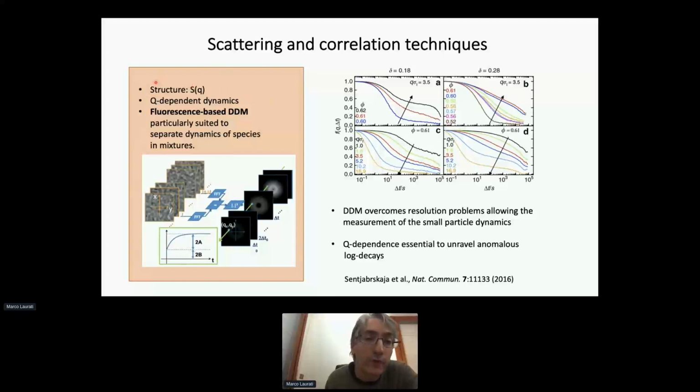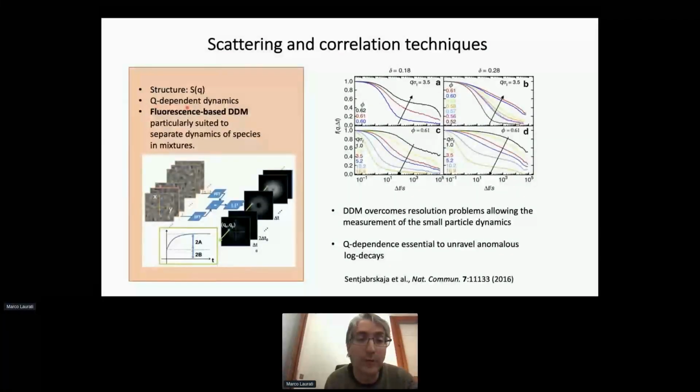Of course, from a scattering experiment, one can investigate average structure with the structure factor. What I would like to show you is rather what one can get concerning the dynamics. First of all, because the advantage of scattering is that we can analyze dynamics which depend on the wave vector and therefore give us information on the dynamics at characteristic length scales.